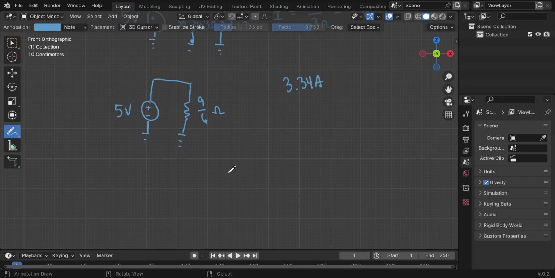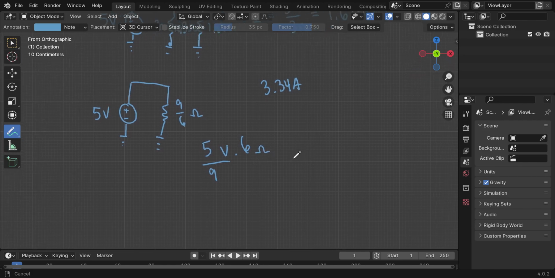So if I say what is the current through here, I would have to have voltage divided by the resistance, right?